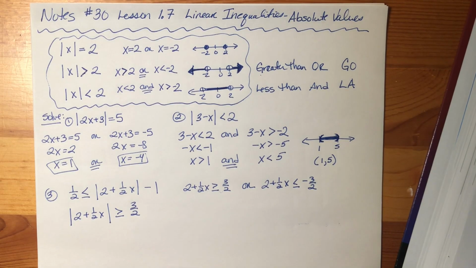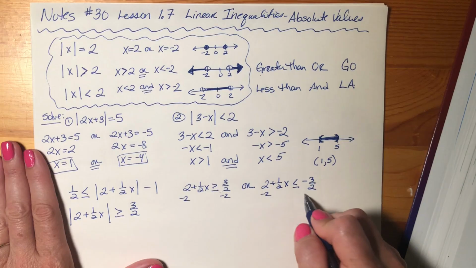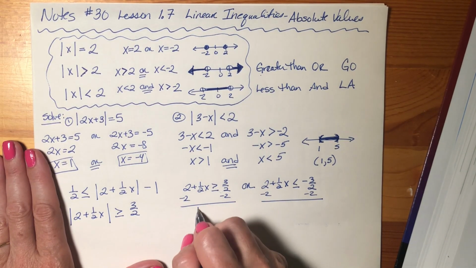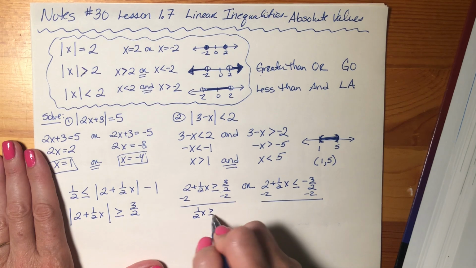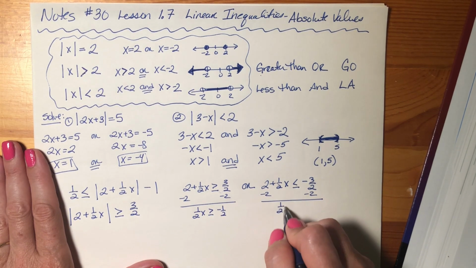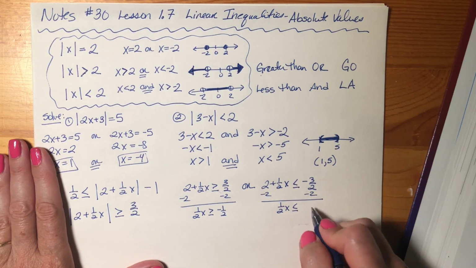All I have left to do is to solve. So let's go ahead and subtract 2. I can do that from all my sides here. Solve it simultaneously. I have 1/2 x is greater than or equal to negative 1/2. Over here I have 1/2 x is less than or equal to, that's going to be negative 3.5.